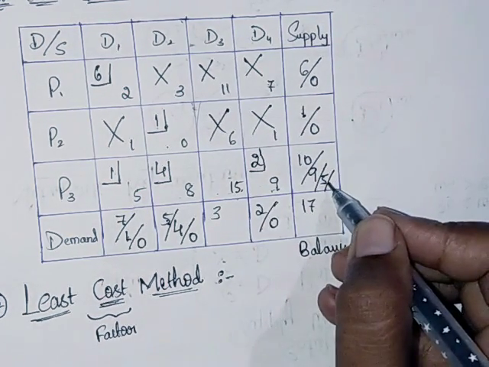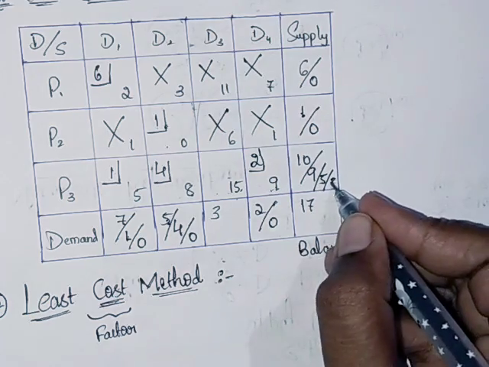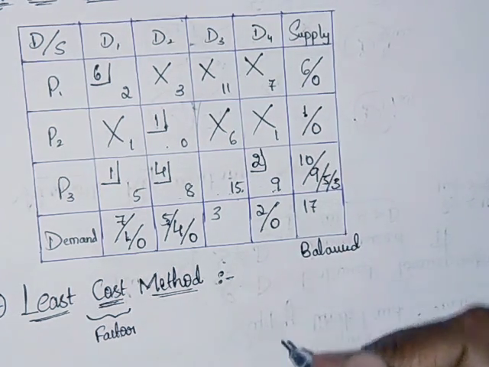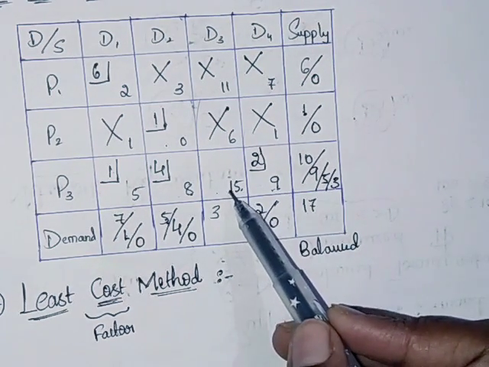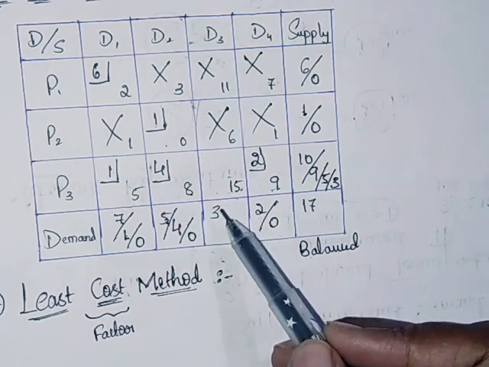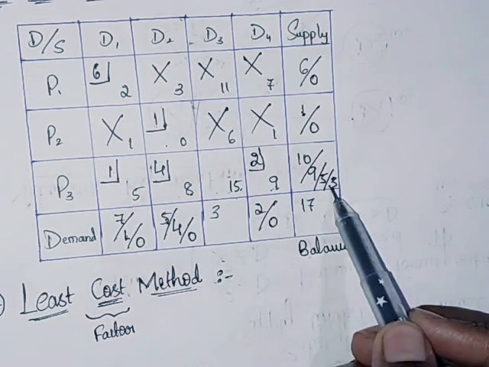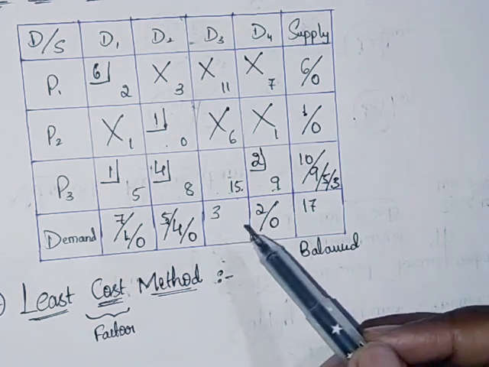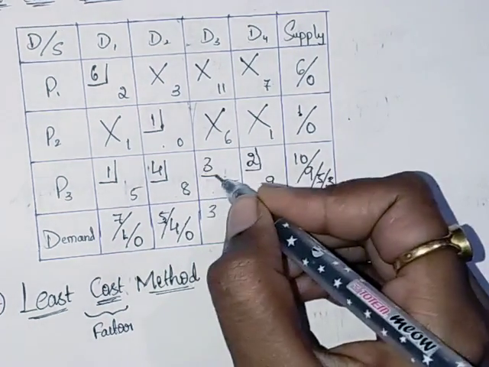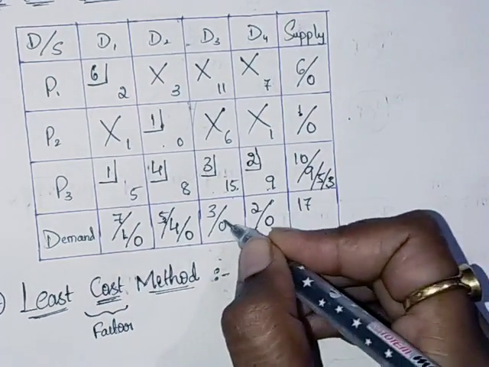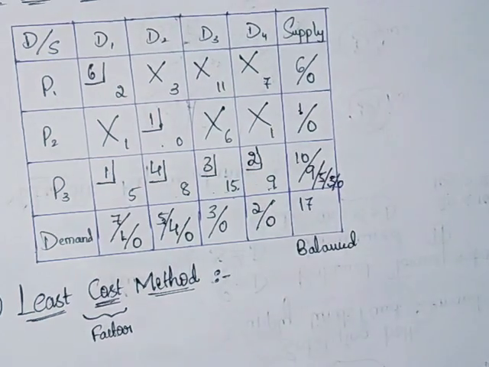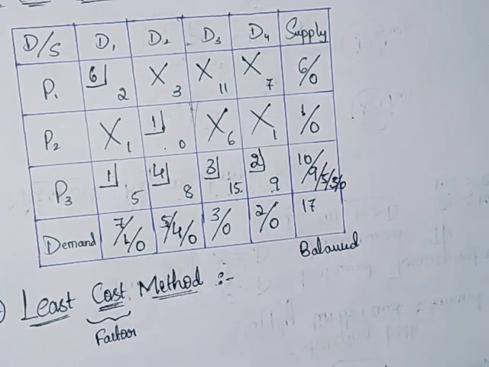From 5 units I have allocated 2, so the remaining is 3 units. At last, the remaining cell is this one, so I assign the units to it. Supply is 3 units and demand is also 3 units, so I can easily allocate 3 units, and both supply and demand become 0.